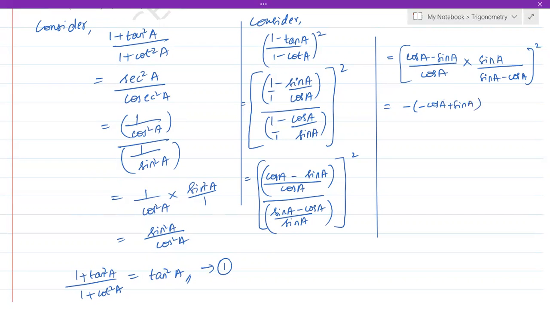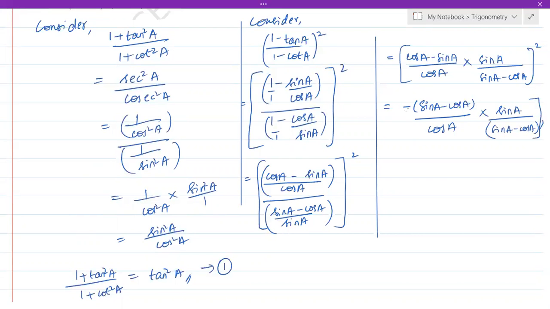Multiply back, you get back the same thing. Minus into minus is plus, minus into plus is minus. In other words, if I take minus as common, then I can write it in the reverse order. That is, it will become sin a minus cos a, divided by cos a into sin a. And the denominator here is sin a minus cos a.